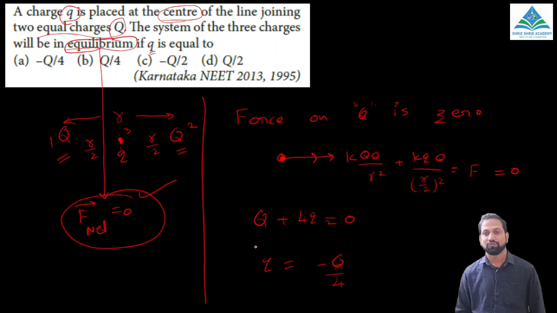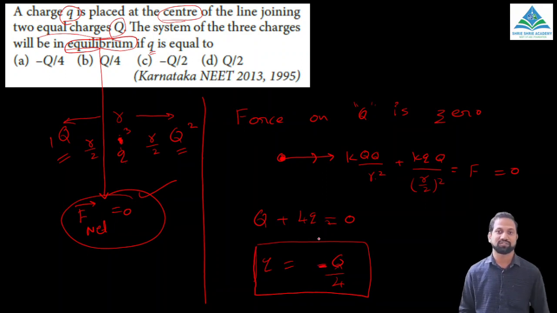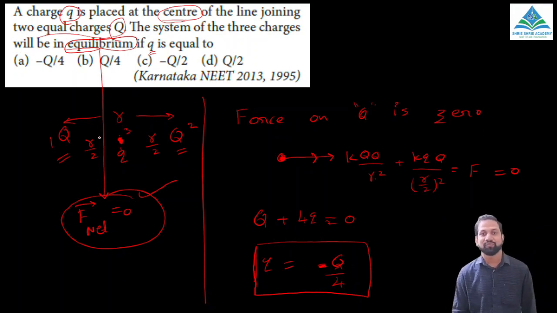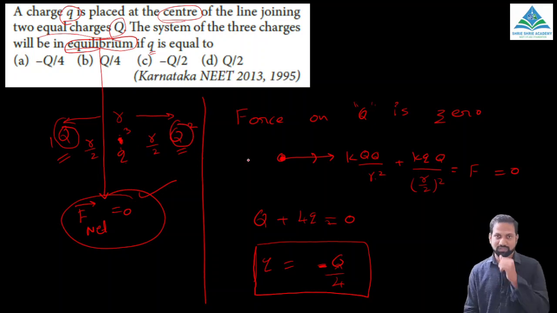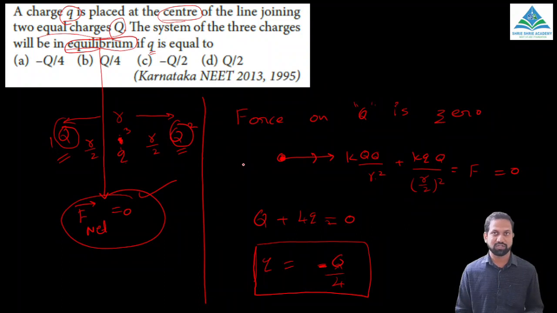That means you have to place 1/4 of the capital Q charge, and that too a negative, unlike charge. The minus indicates that if capital Q's are positive charges, then the small q must be negative. If the capital Q's are negative charges, then the small q should be positive.